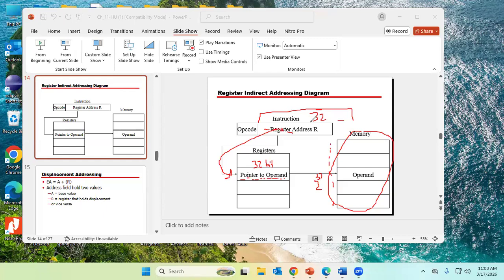We go directly from this 32 into here. In the case of a register, we are saving space in the instruction format, yet we need one more access, one more to the register, and then on to the memory. And this is it, guys.